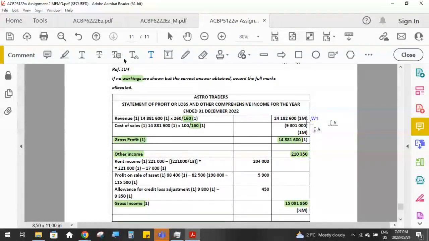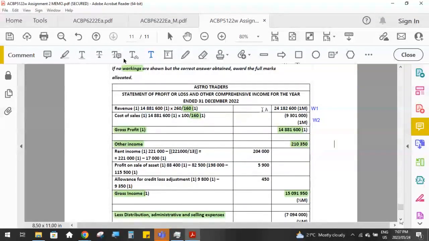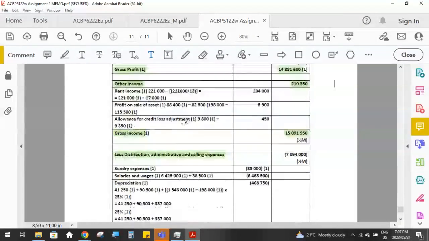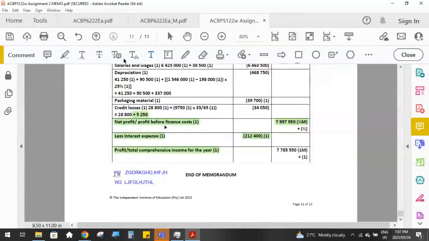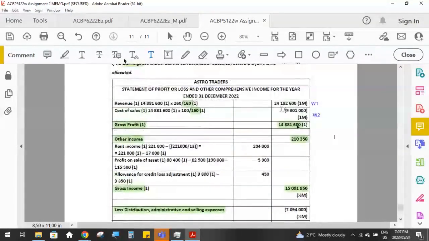workings 1, next to where you've used workings 2, so that when I'm marking your work, I can see that you've written an amount down here, and I can see workings 1. I will go and look for your workings 1, and I'll be able to see exactly what your calculation was that you did in order to arrive at that amount.